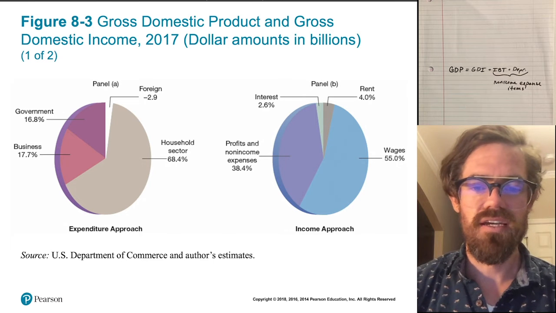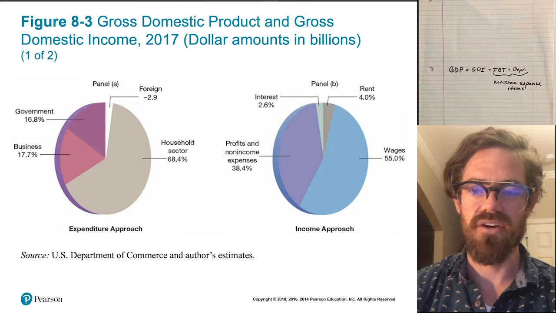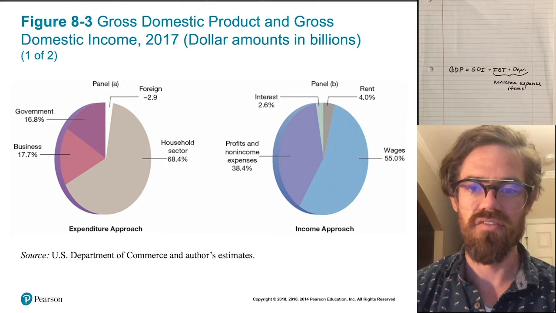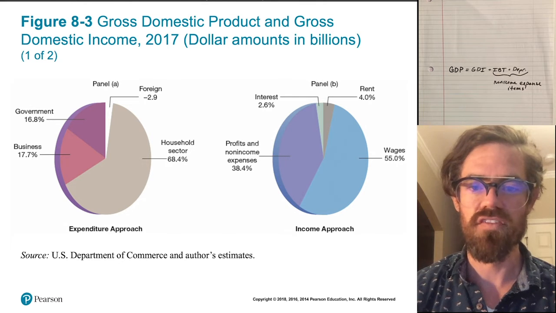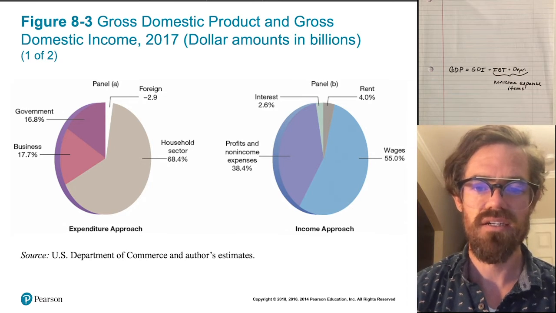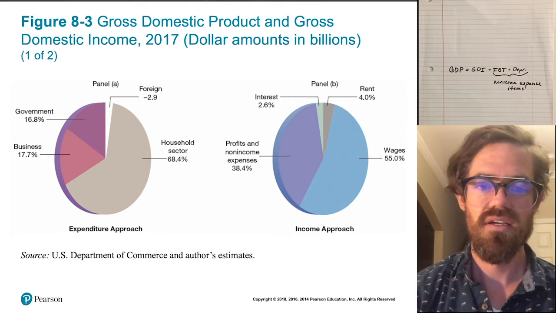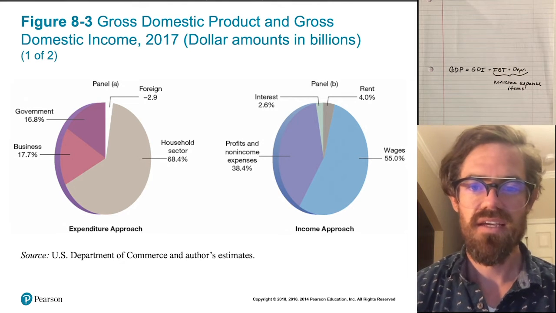All right, and then looking at the income approach, we see that wages account for the majority of the income approach, over 50% at 55%. The next biggest chunk of the income approach is profits and non-income expenses, so those indirect business taxes and depreciation, almost 40%.